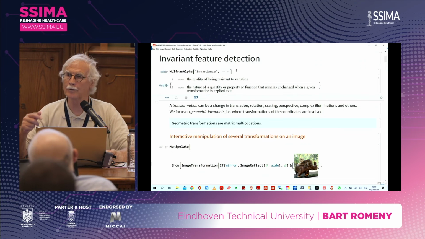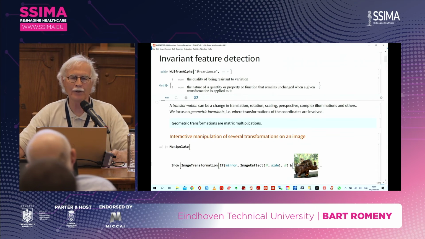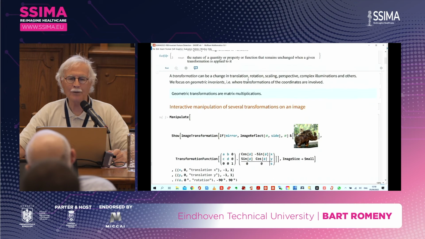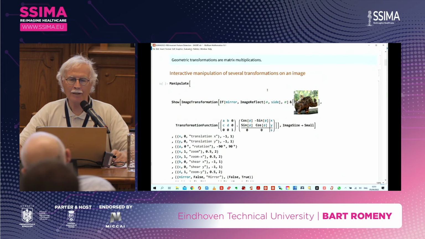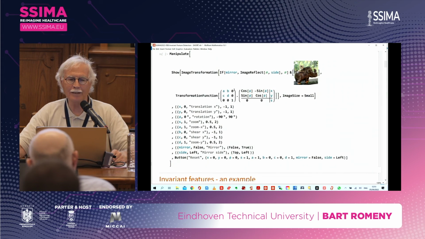Actually, Wolfram Alpha was written in Mathematica. So if I ask what is invariance, the quality of being resistant to variation. Okay, how do I vary? Well, it turns out that in mathematics, you need a matrix and to multiply with the matrix. Well, in Mathematica, that can be done very easily. This is the matrix.